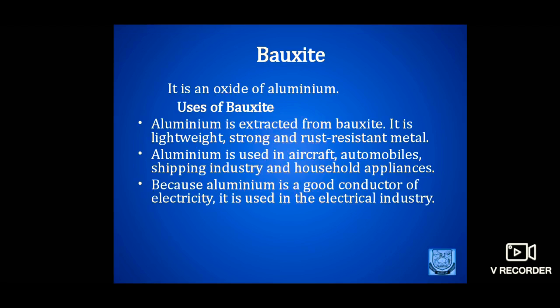Most household appliances are made with aluminium because aluminium is a good conductor of electricity. Apart from that, it is also used in the electrical equipment industry for transmitting electricity for its quality of conducting electricity. Pure aluminium is the best material for making headlight reflectors and mirrors in telescopes.